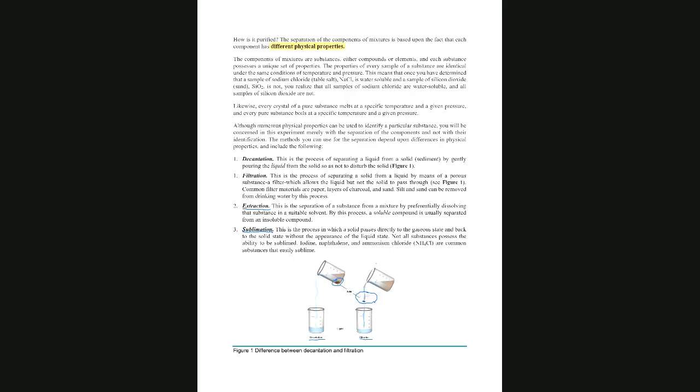In our case, sodium chloride is soluble in water, the sand is not, and the ammonium chloride sublimes, and we use all that to separate the components of this mixture. Because the properties of a substance are always the same. If we have table salt and it's soluble in water, it's always going to be soluble in water.